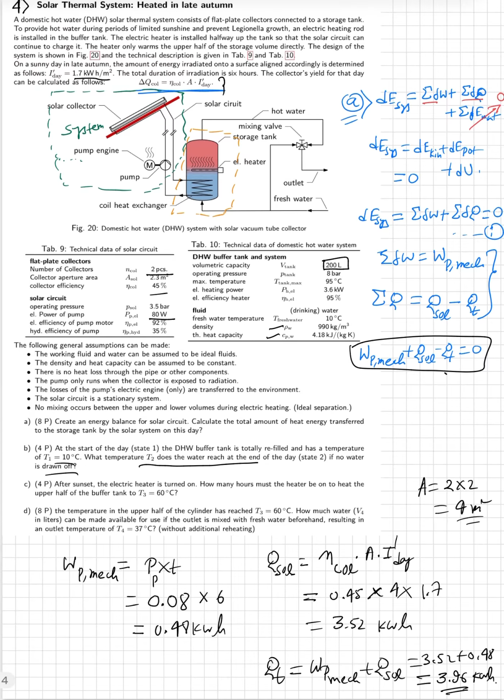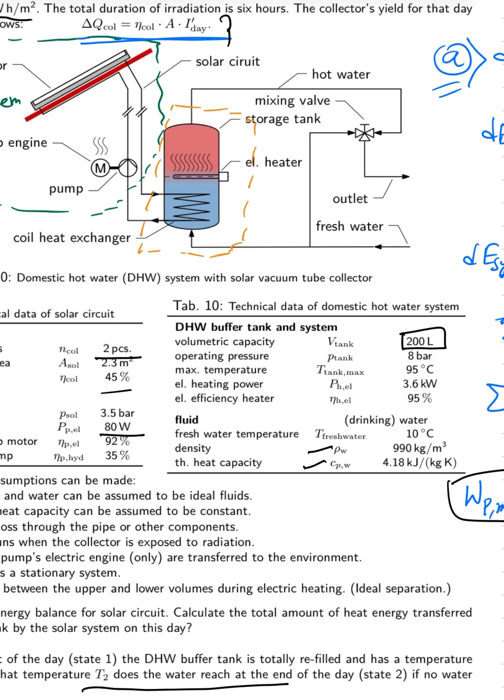Now we have to move to the very crucial part here. They asked: after sunset the electric heater is turned on. How many hours must the heater be on to heat the upper half of the buffer tank? So here they clearly provided the structure, the upper half of the tank and the lower half of the tank.